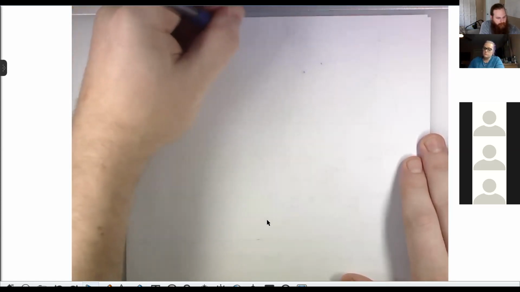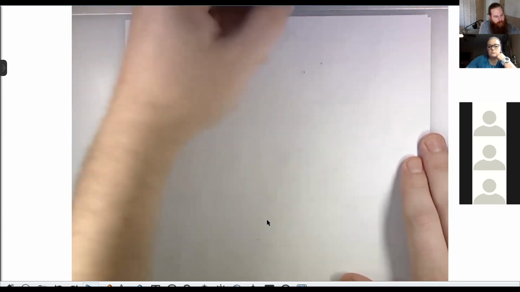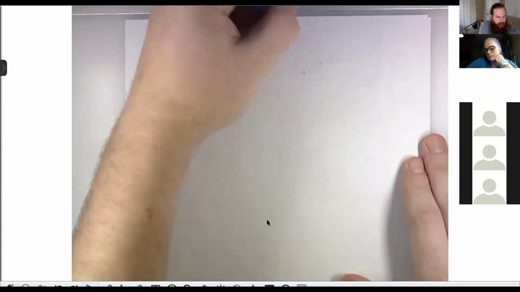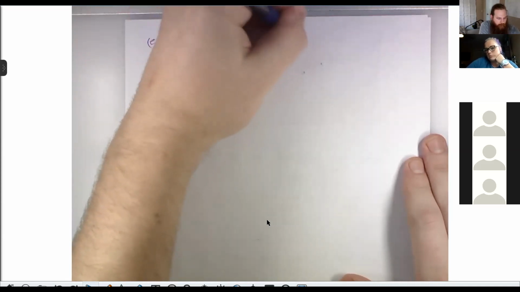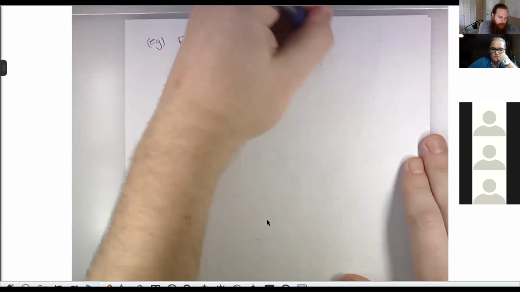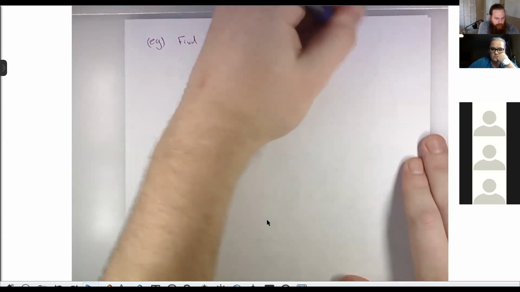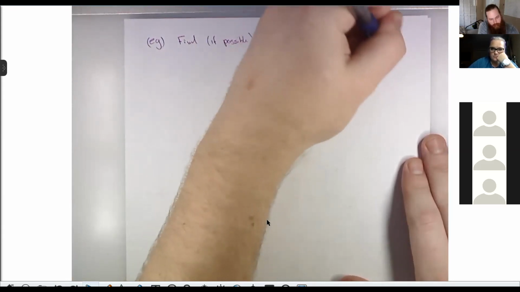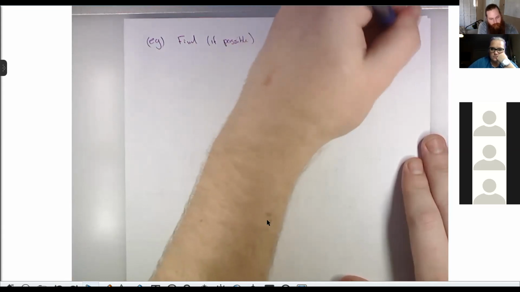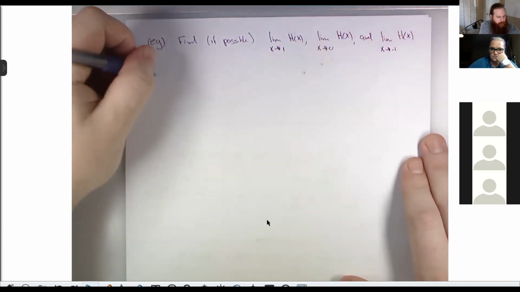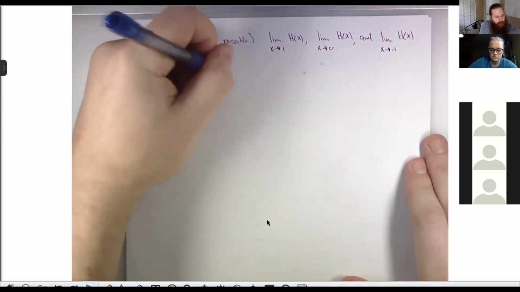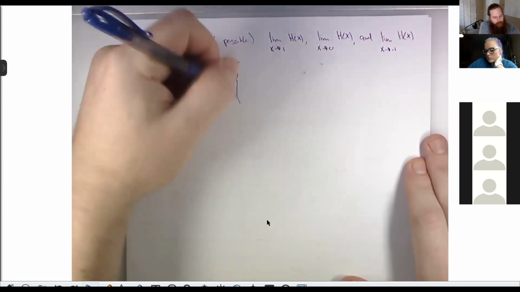So let's find, if possible, the limit as x approaches 1 of h of x, the limit as x approaches 0 of h of x, and the limit as x approaches -1 of h of x, where h of x is this piecewise function called the Heaviside function.